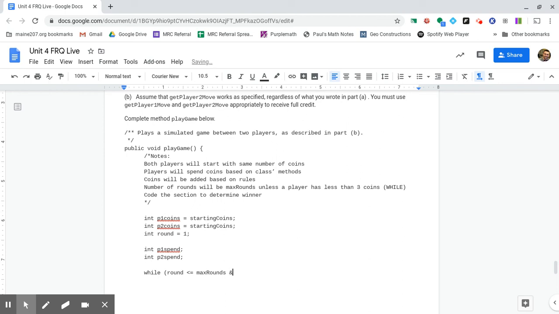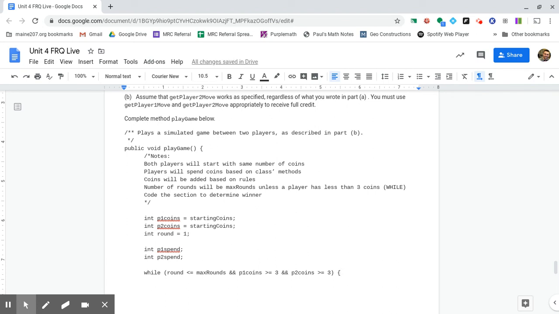So I'm going to say not only does round have to be less than or equal to max rounds, but P1 coins must be greater than or equal to 3, as should P2 coins. And that's my entire while loop. That's 3 conditions. Those 3 things all have to be met in order to keep playing the game, technically, okay?